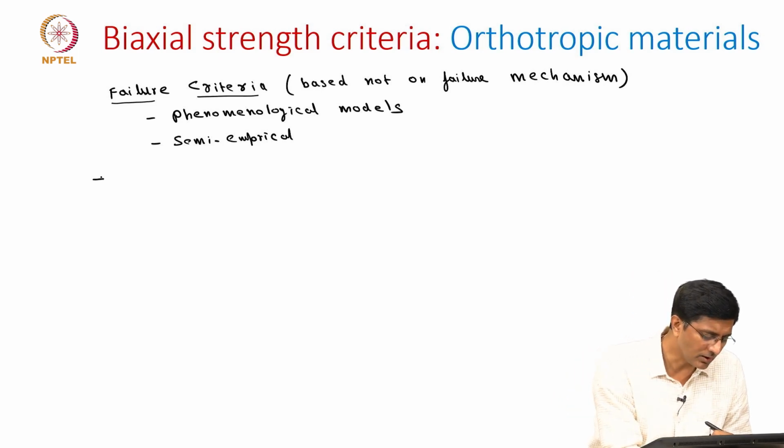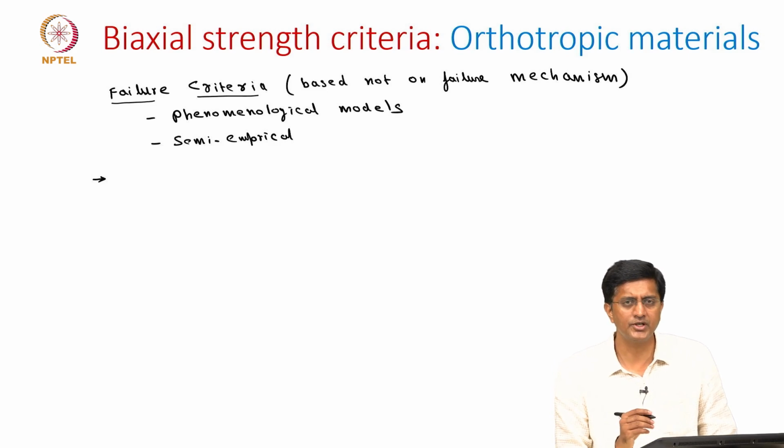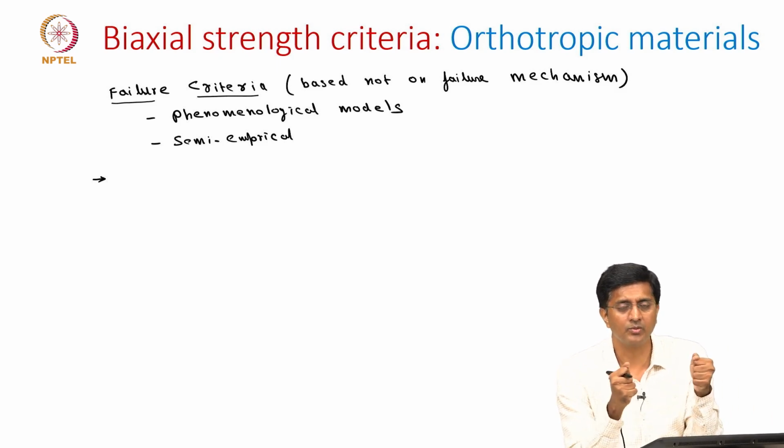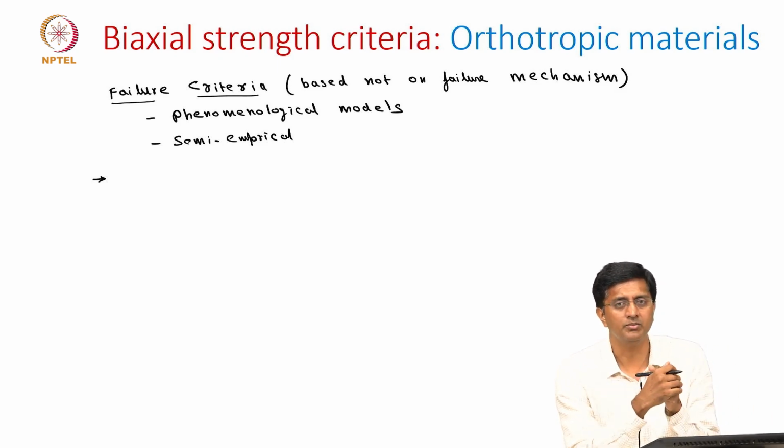So one major difference one should appreciate is when we talk about strengths in an orthotropic material, we should see that these strengths are different in different directions, meaning whether you are applying in tension or compression, the strengths are not the same.